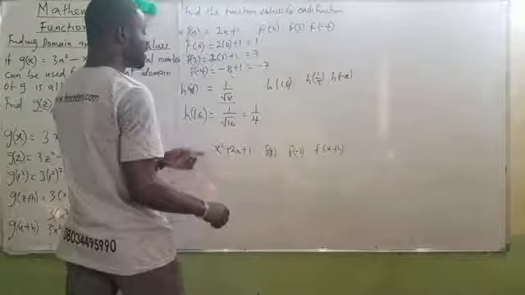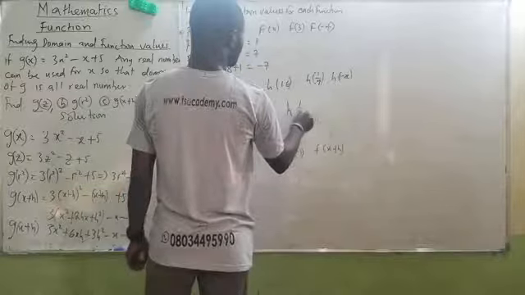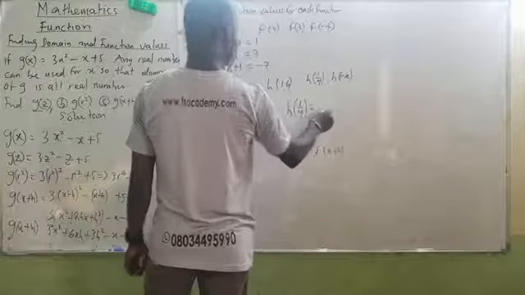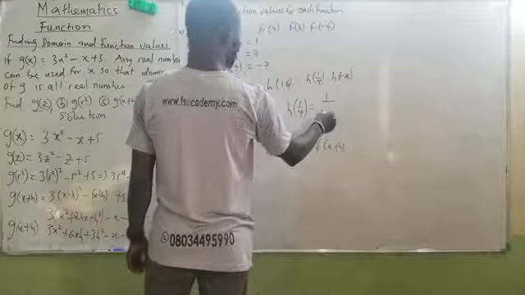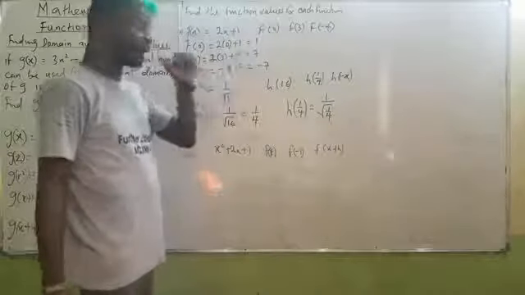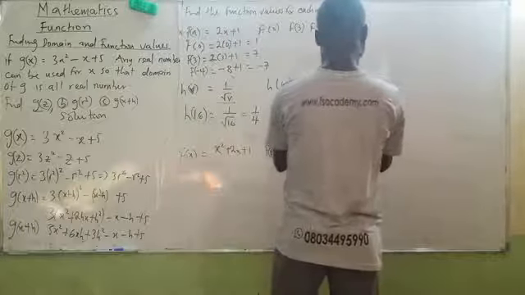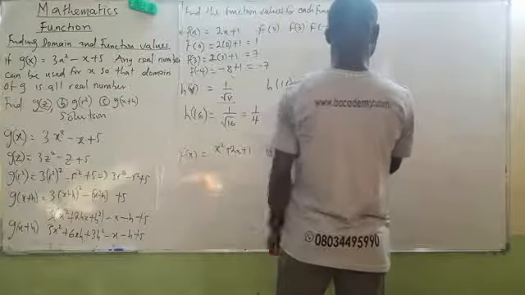Take note of that. Now, h of 1 all over 4 will be equal to 1 divided by root of 1 all over 4. We all know that root of 1 is 1. Root of 4 is 2. 1 divided by 1 over 2, which is equal to 2.